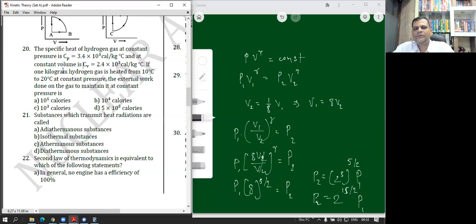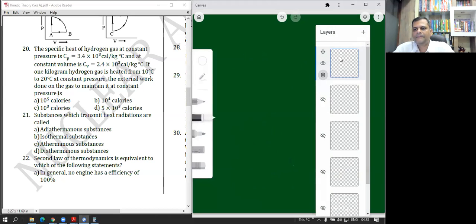If 1 kilogram of hydrogen gas is heated from 10 degrees Celsius to 20 degrees Celsius, then the external work done on the gas to maintain its constant pressure is, right? तो हमको यहाँ पे वर्क डन निकालने के लिए बोला है, बराबर?